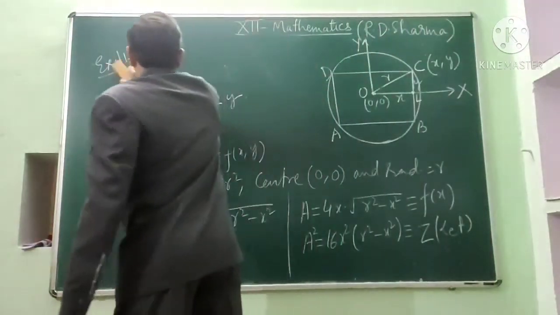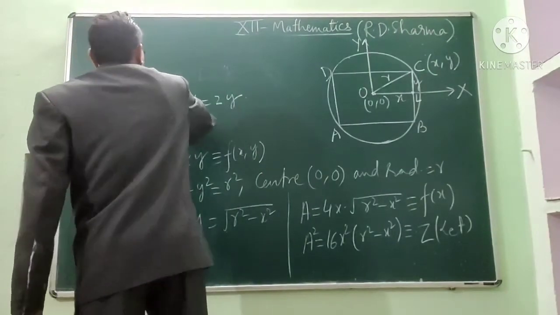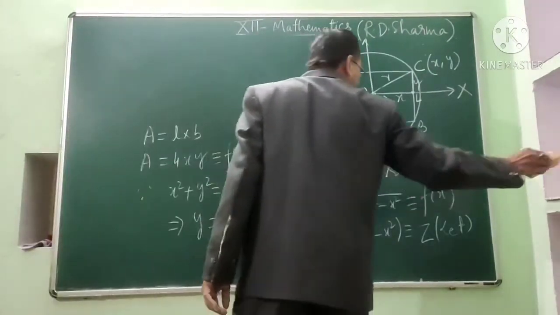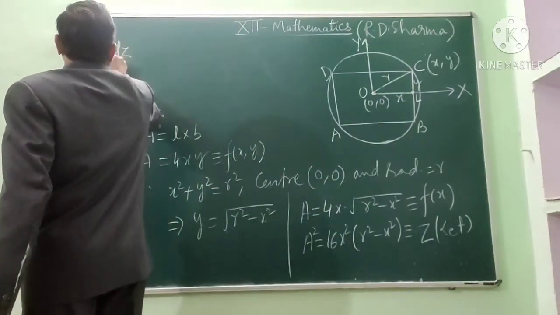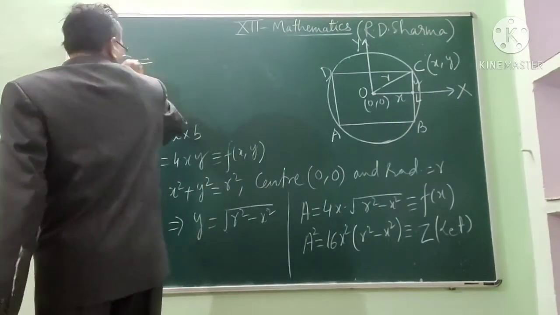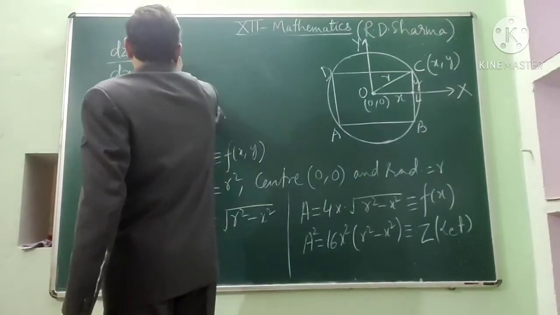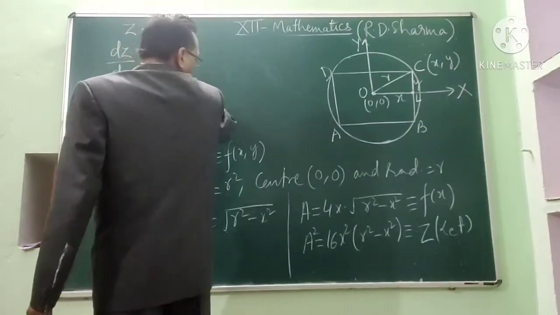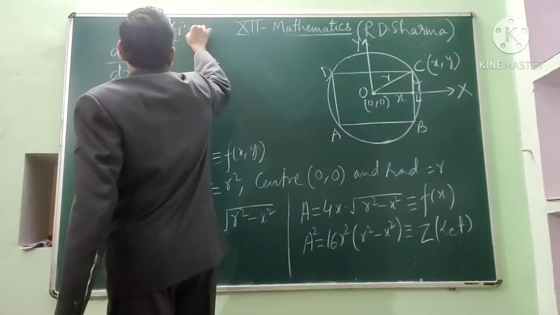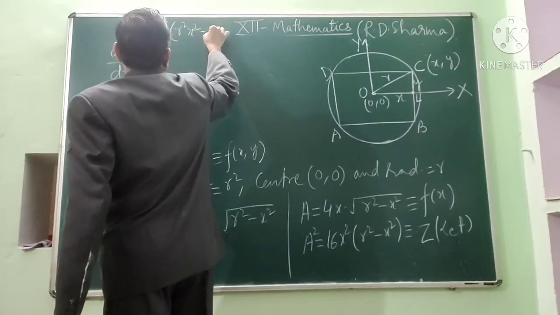Now we will differentiate z with respect to x. So dz over dx is equal to... We can write z as 16 into r square x square minus x power 4.